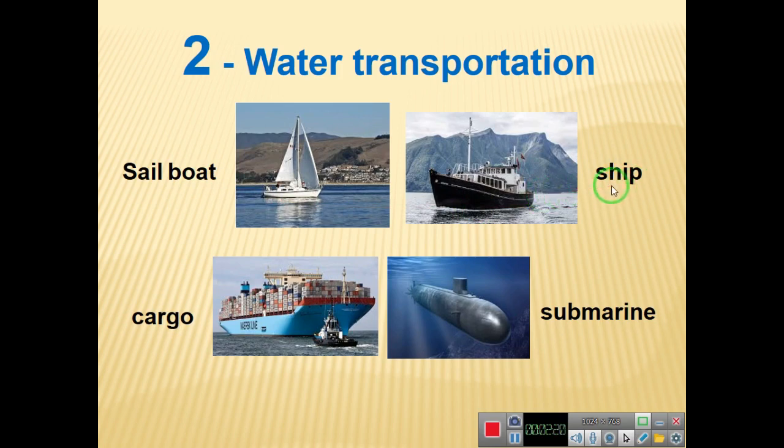It can carry people and maybe some goods. If you have a lot of goods, very heavy ones, big ones, you can use the cargo. The last one, if you want to move or travel underwater, you can use the submarine.